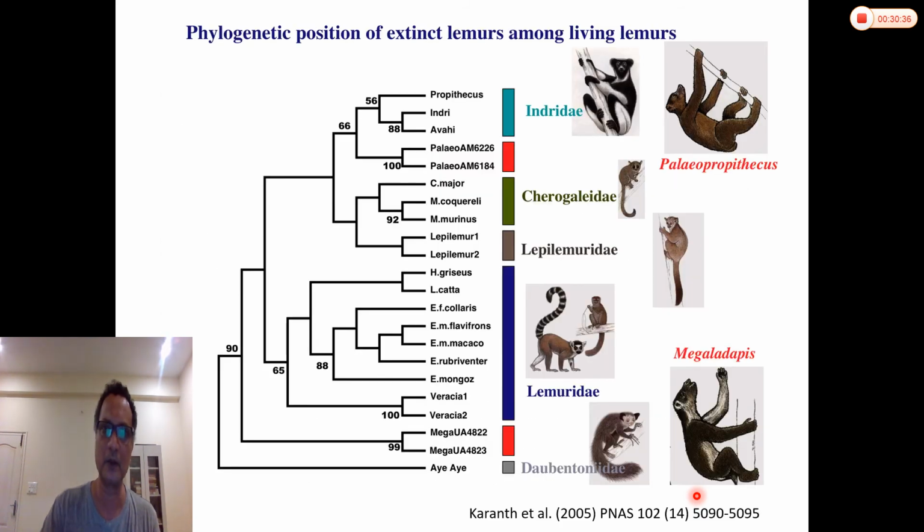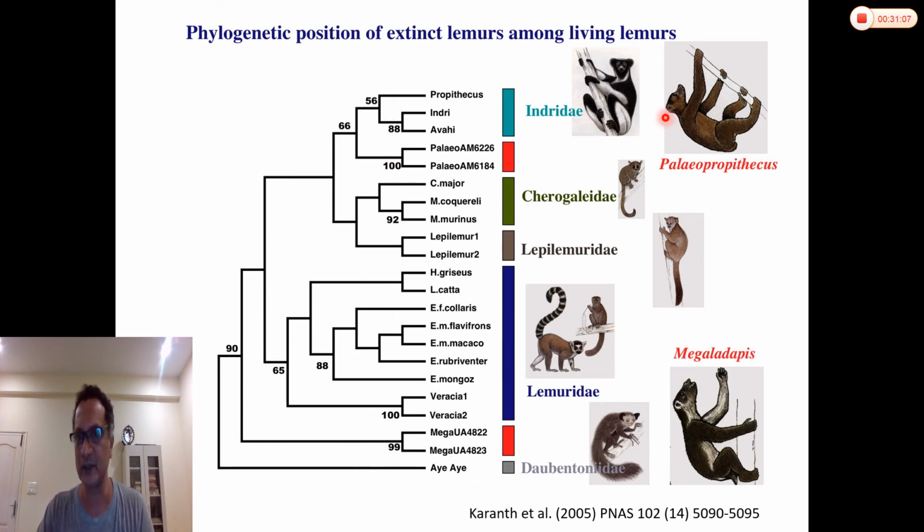So in case of lemurs, just to give you an example, you have lemurs that are as big as my thumb, and the extinct lemurs, the lemurs that went extinct very recently, they are part of this radiation. In fact, I did some work where we looked at subfossils of extinct lemurs and basically showed that they indeed fall within the lemur radiation.